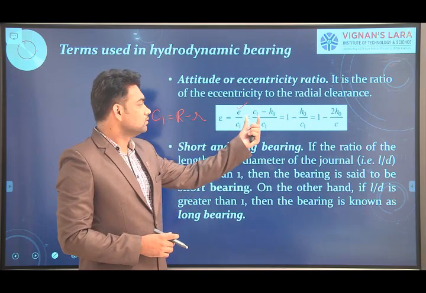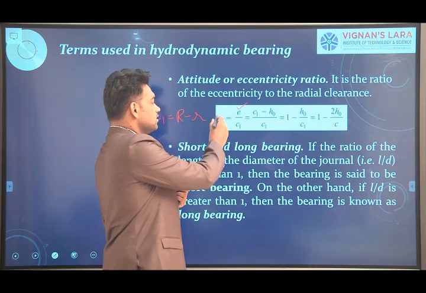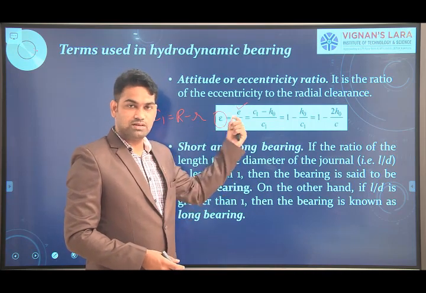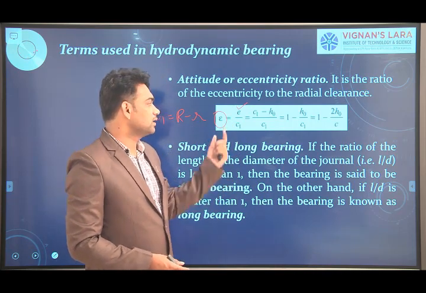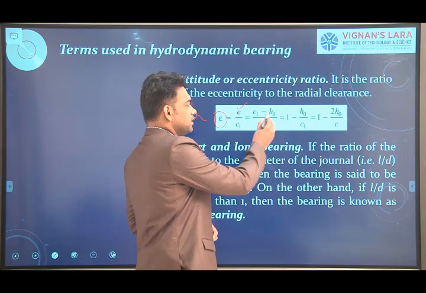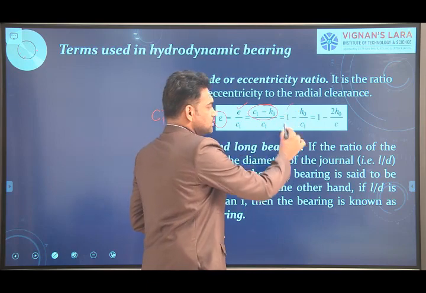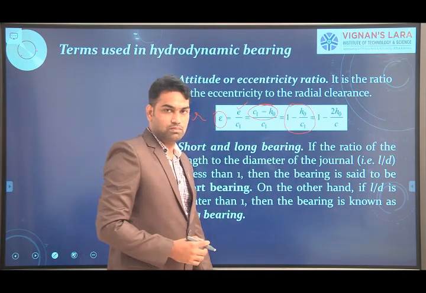So the ratio, denoted by epsilon, is small e by C1, eccentricity to the radial clearance. The eccentricity can be written as C1 minus H0, so epsilon is 1 minus H0 by C1.